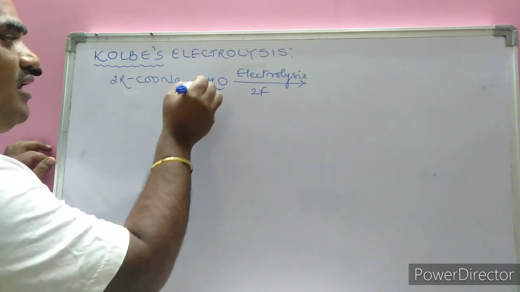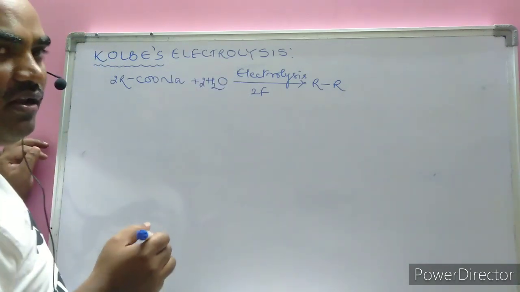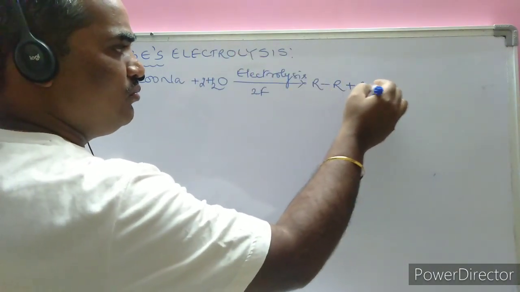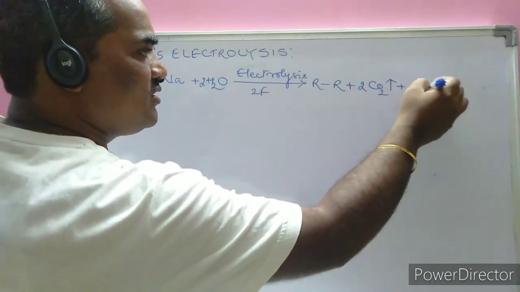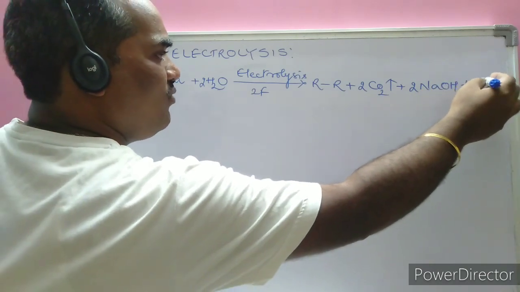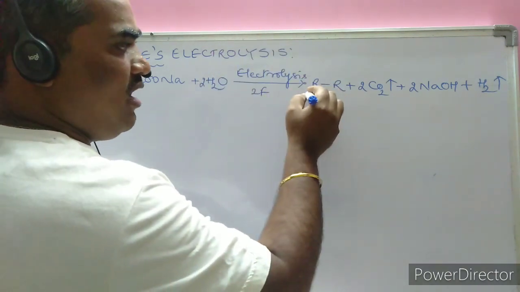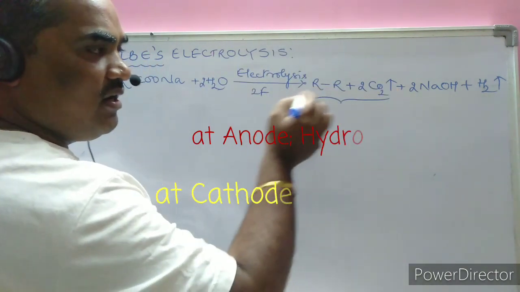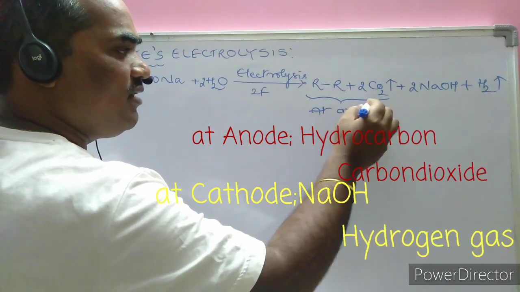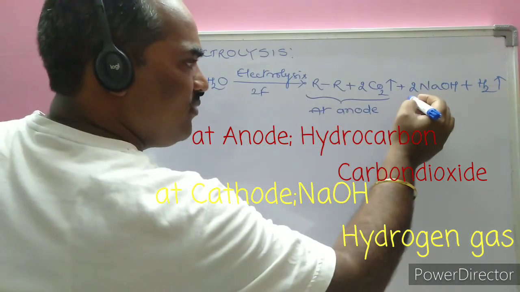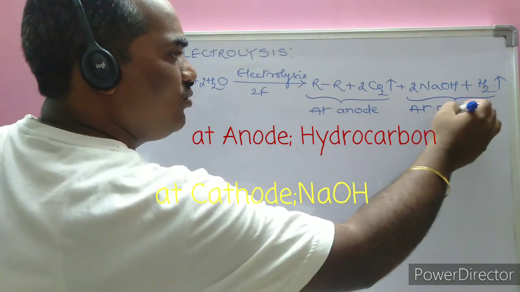Here, in order to balance this reaction, a new C-C bond is established, that is an alkane, a hydrocarbon, and 2 moles of carbon dioxide gas are liberated, and the remaining is 2 moles of sodium hydroxide plus 1 mole of hydrogen gas liberated. From the objective point of view, the question is: the alkane or hydrocarbon and the carbon dioxide gas are liberated at the anode, very important one, and sodium hydroxide as well as the hydrogen gas are liberated at the cathode.